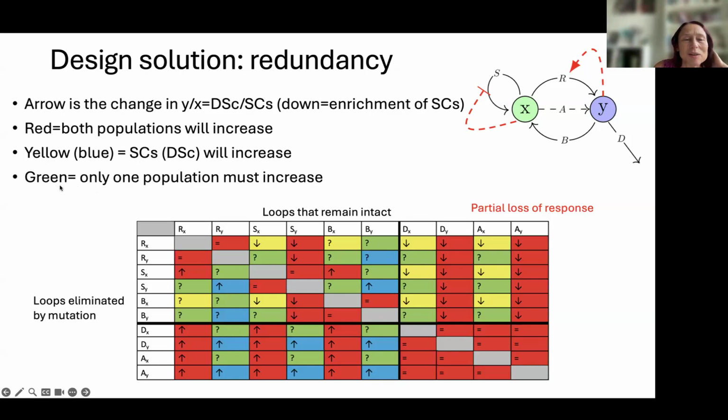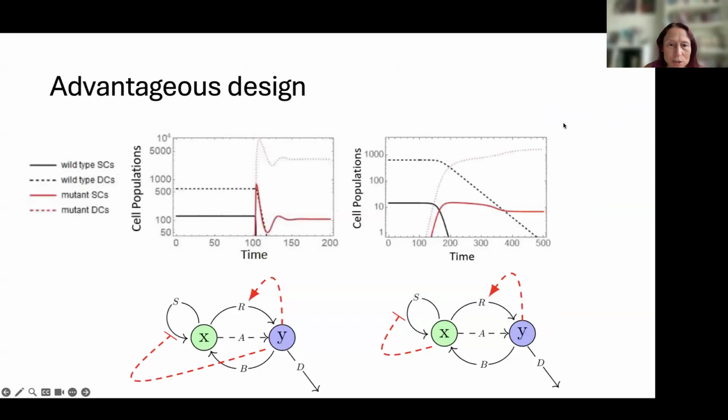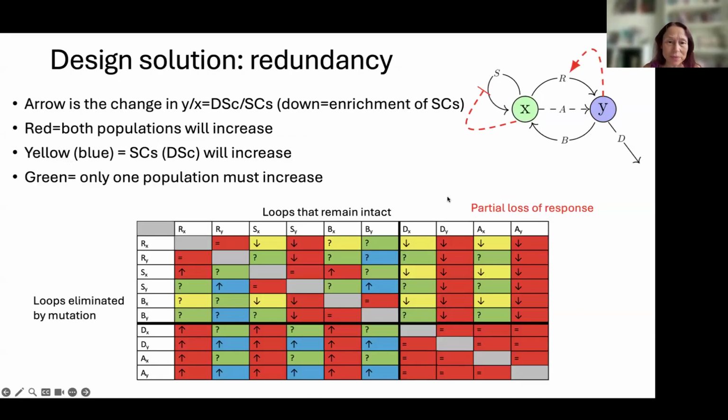And green means that only one of the populations will increase and the other may decrease. And let me show you. The equal sign means that the fraction doesn't change. And the question mark means that it could go either way, right? It's not that we don't know, but it could go either way depending on the particular functional form of these controls.